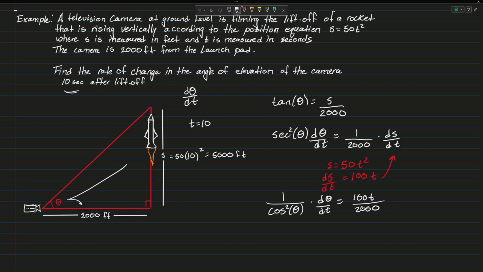Okay, so that's just substituting in what we just found here into ds dt, and then over 2,000, that was right here. Okay, then d theta dt is going to be equal to 100t times cosine squared of theta all over 2,000.